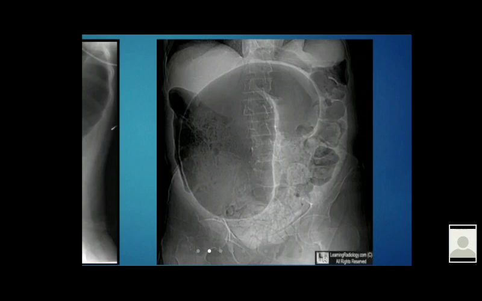If the condition is unfavorable, what are the other treatment options? Paul Mikulicz operation, sir. You can resect the gangrenous part and bring both distal and proximal ends out as a double loop colostomy. This is called the Paul Mikulicz operation.